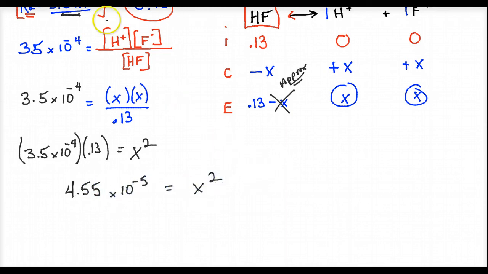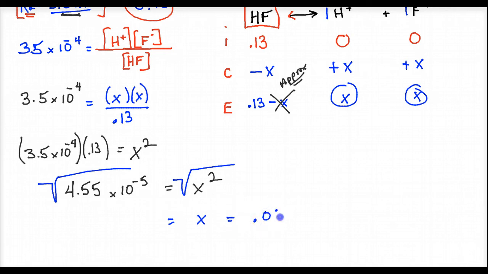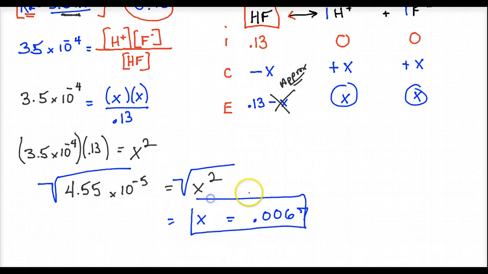To get rid of the x squared, what do we do? We square root both sides. My gosh, math is happening. x equals the square root of that number, and I get x is equal to 0.0067. Small compared to this number, isn't it? And what is x? x is these guys.